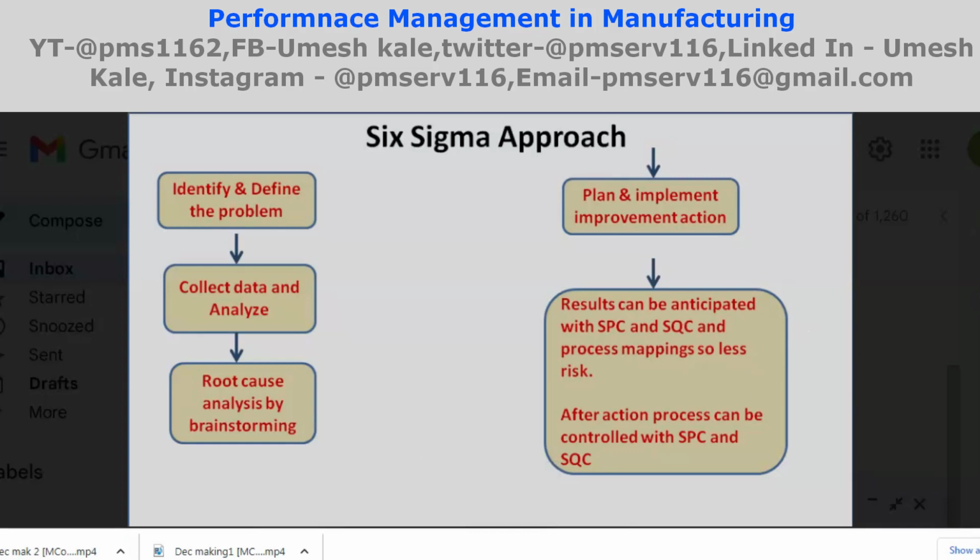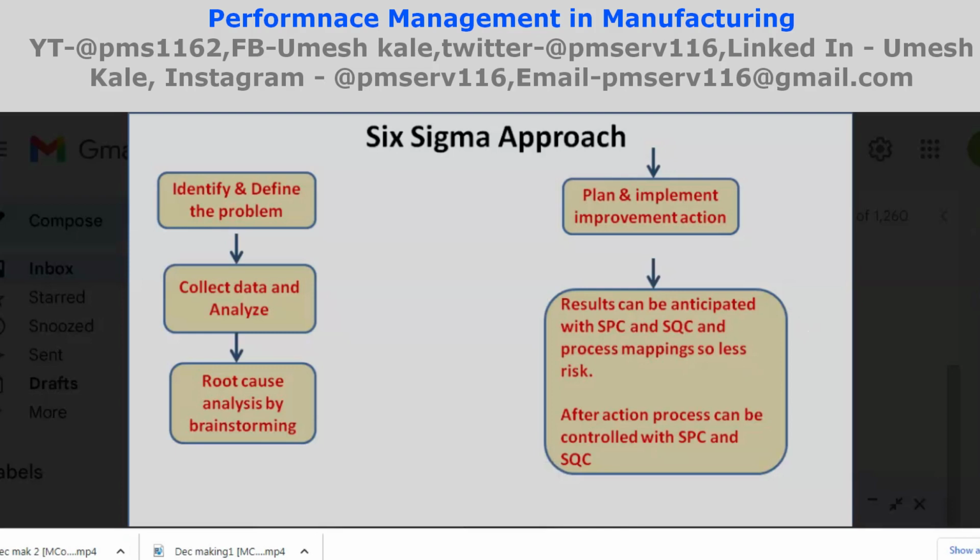Once the action is taken, it is anticipated with the help of these tools, that if you go with these actions, how much is the cost involved in solving the problem and how much it will affect the customer. So there is a proper methodology involved for risk assessment after taking action on the problem.